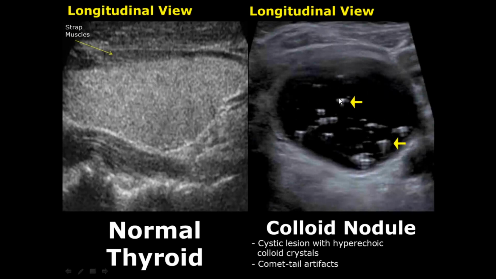In this image you can see the comet tail artifacts more clearly. Usually these type of appearances are benign. Such cystic appearances or appearances with internal septations are usually benign.